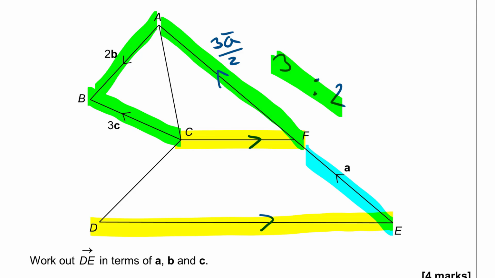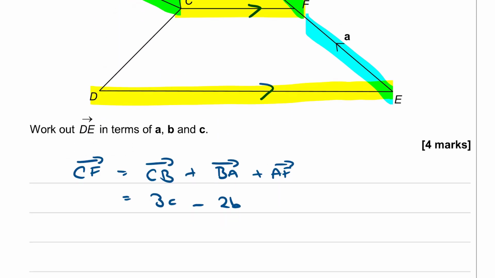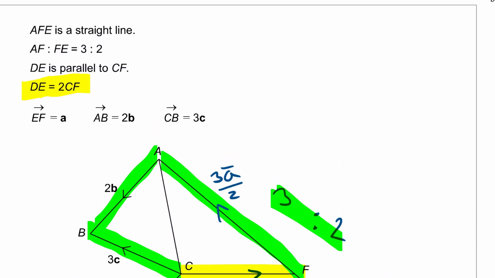Okay, and again I'm going to go against the arrow, so it's minus. So it's going to be minus 3A over 2, like that. So that's the vector CF. Now the vector DE, we're told, is 2 lots of CF.